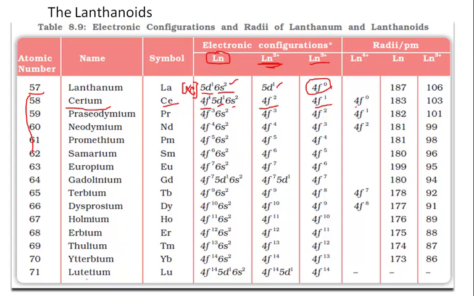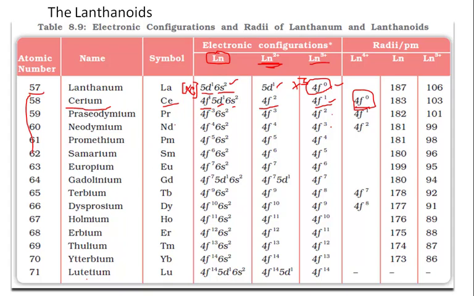Cerium generally shows +4 oxidation state in addition to +3. They have the most common oxidation state of +3. As you can see, in the +3 oxidation state they gradually involve the filling up of 4f. For example, for lanthanum it's 4f0, then 1, 2, 3, 4, 5, 6, 7, 8, 9, 10, 11, 12. So gradual filling is there. The most stable oxidation state in lanthanoids is +3. Which oxidation state? +3 is the most stable oxidation state.